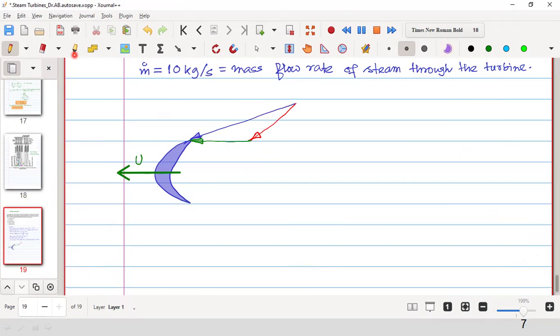So the actual velocity name is V1. This is U, and this is VR1, and the names of the angles are: this is alpha 1, this is beta 1, and in the same way there are other quantities.